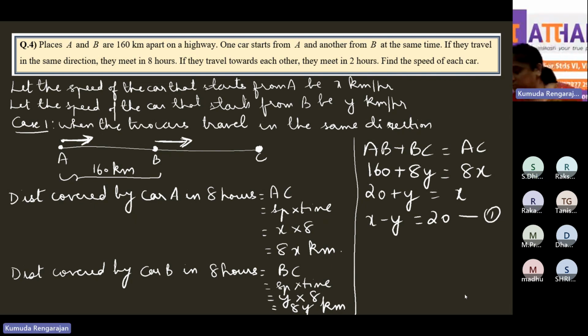Please write down, children. Speeds. 50 and 30. Yeah. Okay. No, I don't have the answers, but.